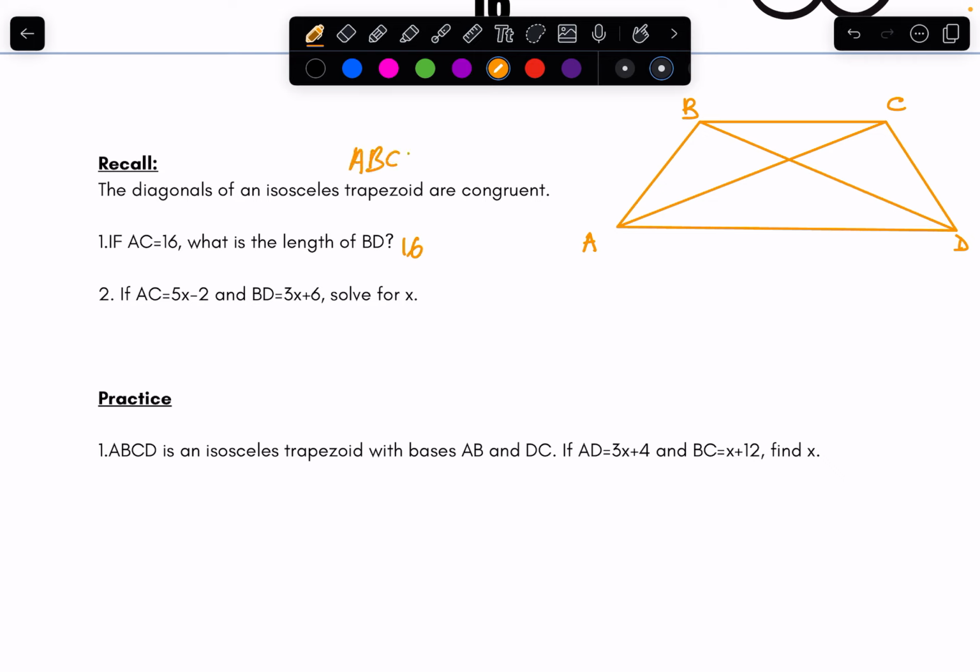So if we have ABCD is an isosceles trapezoid, the same thing: the diagonals must be equal to each other because it is an isosceles trapezoid. You would solve for x is equal to 4.